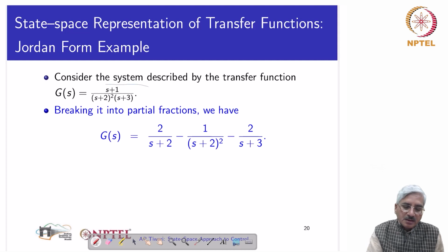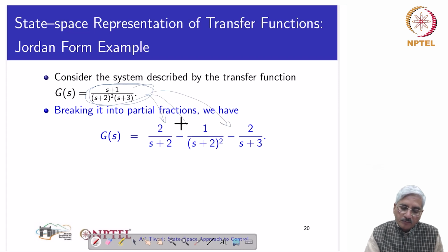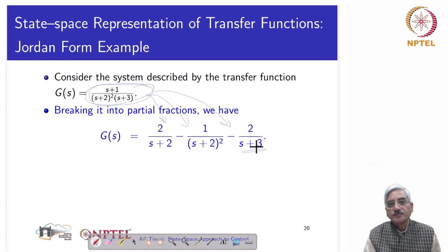If we break this into partial fractions, we will get three terms like this: 2 by s plus 2, another containing s plus 2 square in the denominator, of course with residue minus 1, and the last one with residue minus 2 over s plus 3.